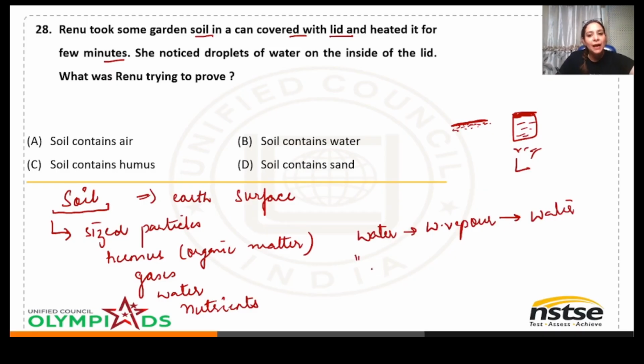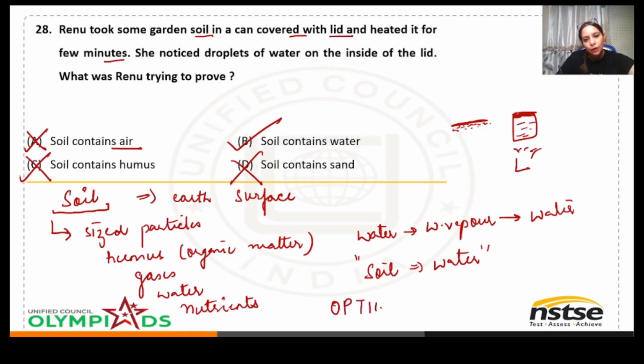So it shows that soil contains water. This experiment could be used to prove that soil contains water. Soil also contains air, but this experiment is not performed to show that. Same, no for C and no for D. So which option is correct, students? Option B is the correct option.